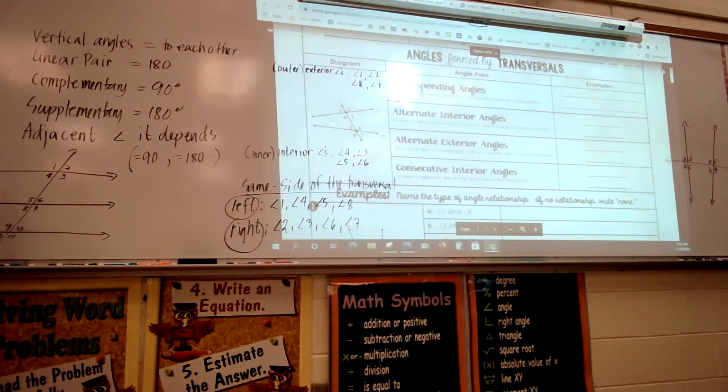For example, if I choose this one, of course this is our transversal, right? If I choose angle 1 and angle 5, I'm only referring to these 2 lines and disregarding the others. If I choose angle 2 and angle 11, I'm only using these 2 lines.